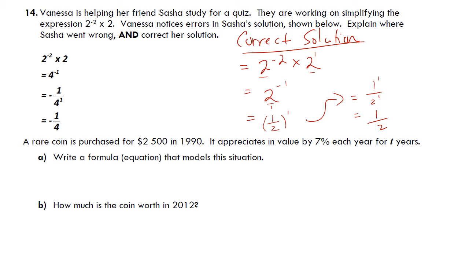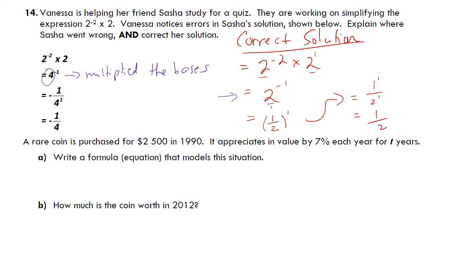Let's figure out now where Sasha went wrong. So here's our first step right here. Here's her first step. So what did she do? She added, so she added the exponents correctly, but she got 4 there. So her first mistake was she multiplied the bases, which we know you don't do. Okay, next step.